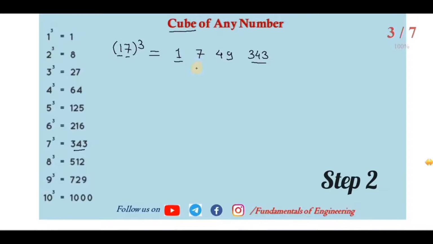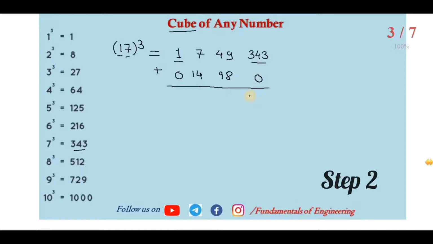Next, in the second step, whatever the middle numbers are, that is 7 and 49, you have to double them. So 7 doubled is 14 and 49 doubled is 98. So we got these numbers. Now you just have to add them. For reference, below the 1 and 343, you can write down 0 and do the addition.